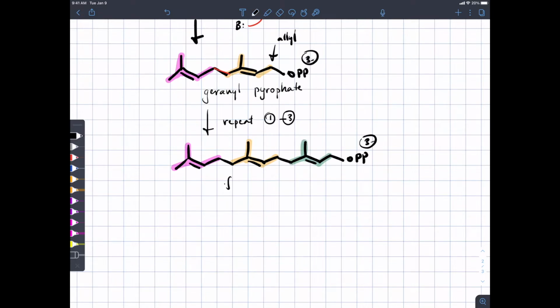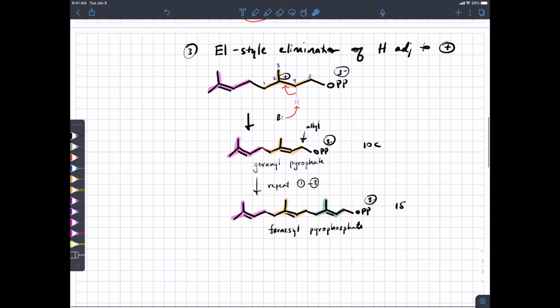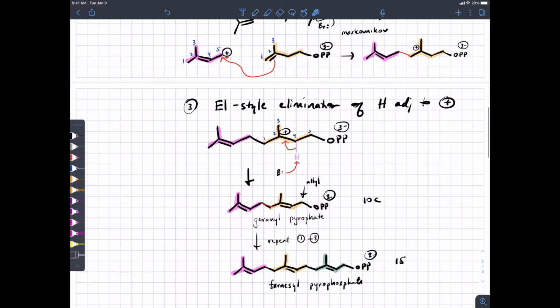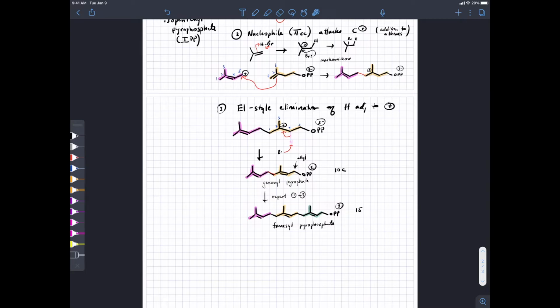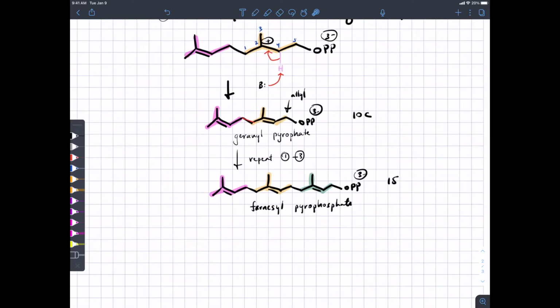And then this is called Farnesyl Pyrophosphate. This has 10 carbons, this has 15. We get the green subunit by having this leaving group leave, then bringing in another molecule of isopentenyl pyrophosphate and having that act as a nucleophile and attacking the primary carbon. All right, so that's where you get the sigma framework for these linear precursors.